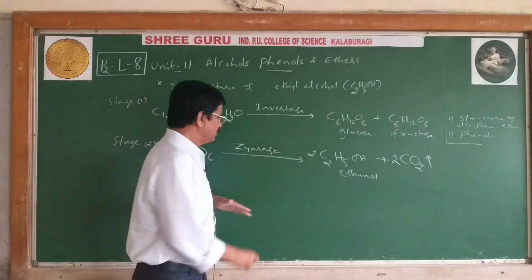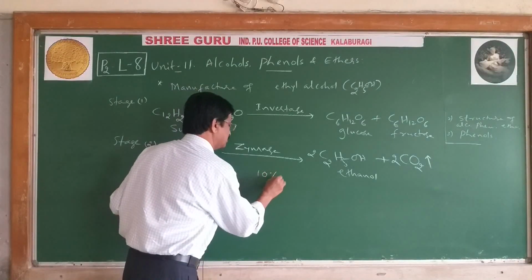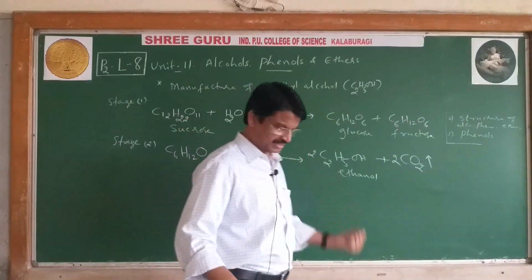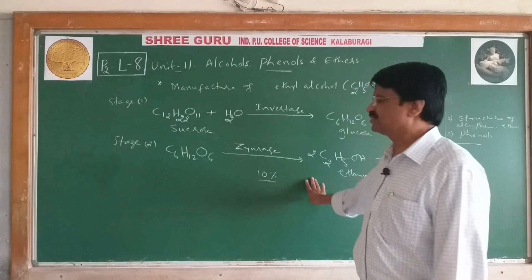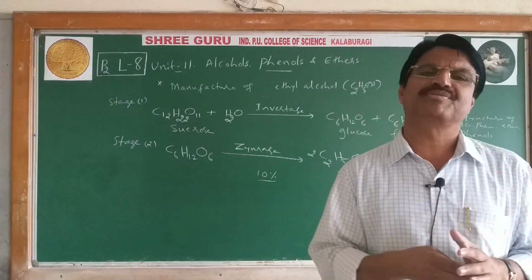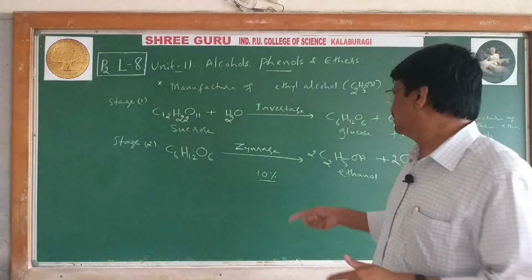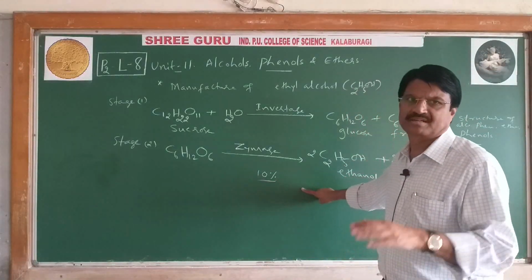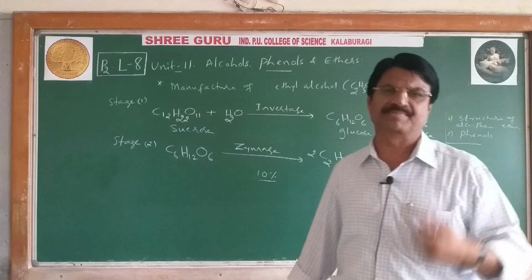Now at this stage we get only 10% ethanol. Whenever ethanol is formed at about 10%, 11%, 12%, it should immediately be removed from the tank. Otherwise its percentage goes on increasing, 11, 12, 13, 14, 15, 16.